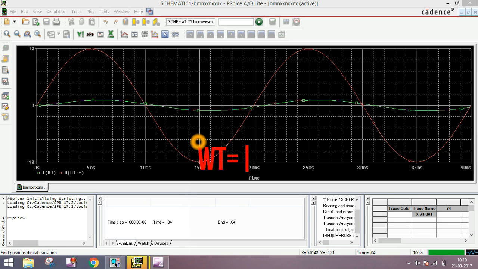Omega we also know, that is 2 into 3.14, that is pi, into f. What is our applied frequency? 50. So simply 50 into t. How much difference?